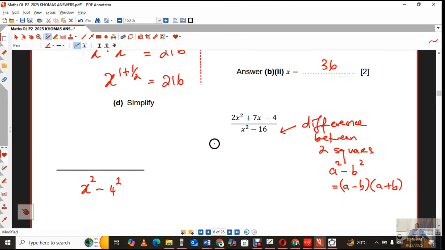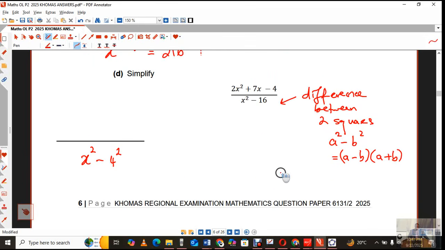Right, and the numerator, well, we can look at that numerator. You can do some side work. So the numerator, I'm just going to rewrite it in here. So you have 2x squared plus 8x minus x minus 4. So what I did is, you look for two numbers which, if you multiply, give you negative 8, okay?